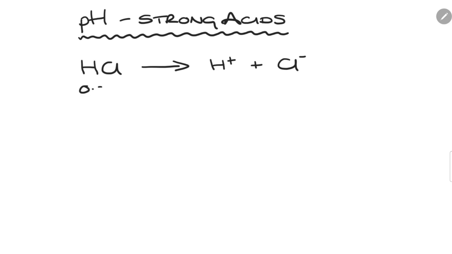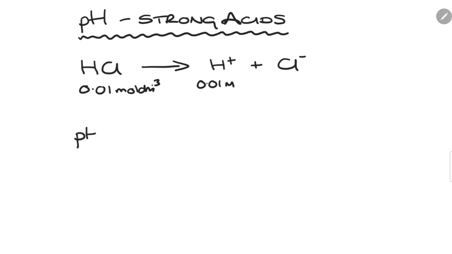So if we were to start with a 0.01 moles per litre solution, then we would expect that after its complete dissociation, we would also generate a 0.01 molar solution of H+ ions. We can then use a calculation to establish what the pH is of that solution.